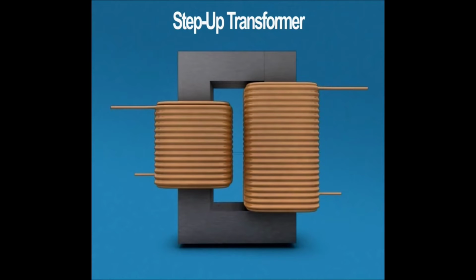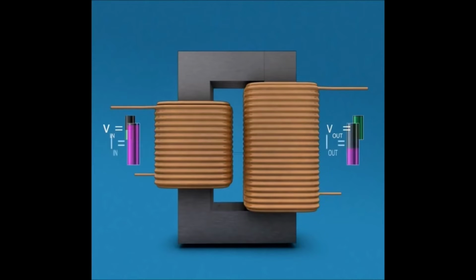In this case, the voltage induced on the secondary coil, V out, is higher than the voltage applied, V in, on the primary coil, whereas the current is reduced as the power has to remain constant.